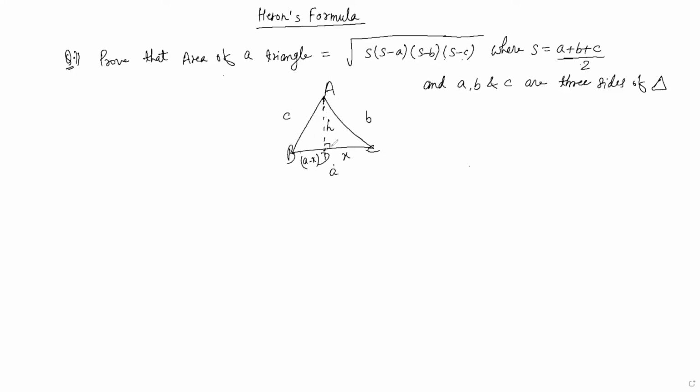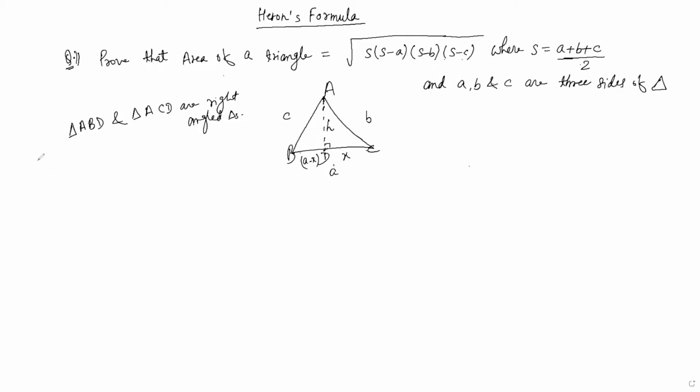Now since AD is perpendicular to BC, triangle ABD and triangle ACD are right angle triangles. So from ABD we'll find h, and from ACD we'll find h, and we'll make both equivalent.